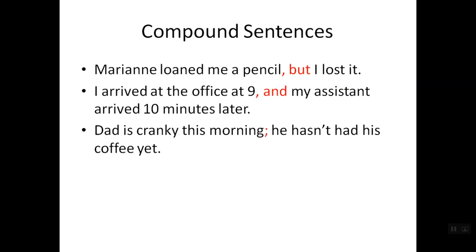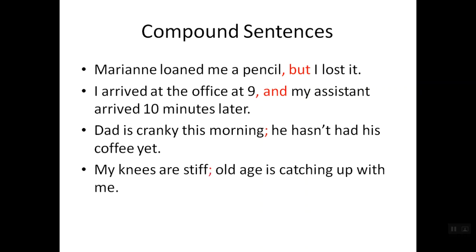You have to find a direct relationship between them in order to insert a semicolon between them. So, Dad is cranky this morning. That's why he hasn't had his coffee yet, or because he hasn't had his coffee yet. Okay, so this is a cause and effect relationship. That's why I can put the semicolon instead of the coordinating conjunction.